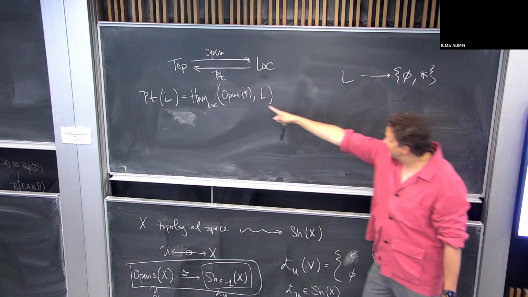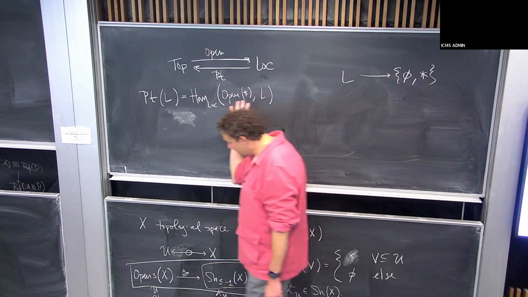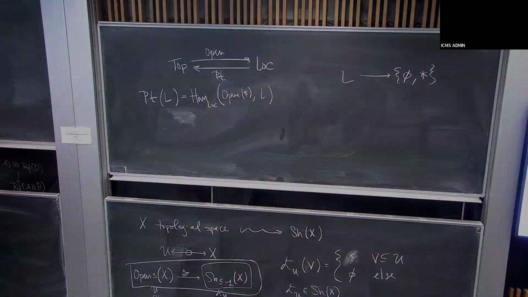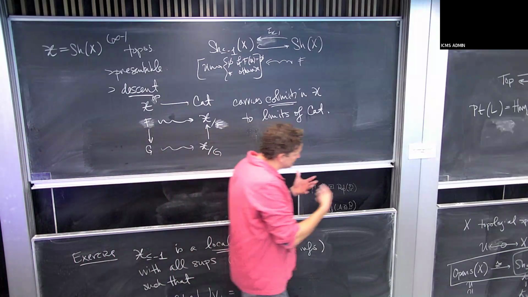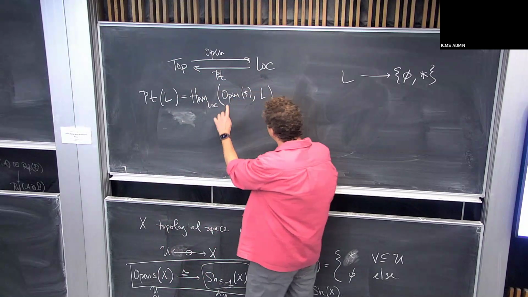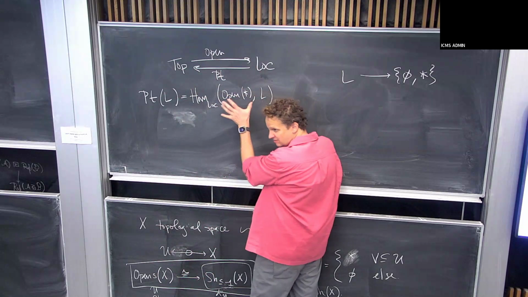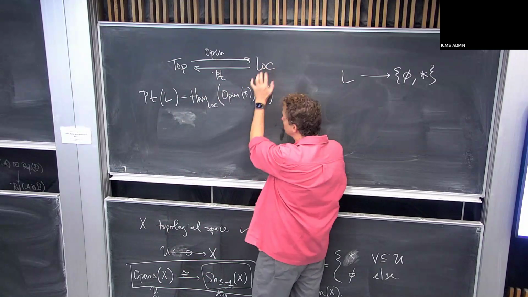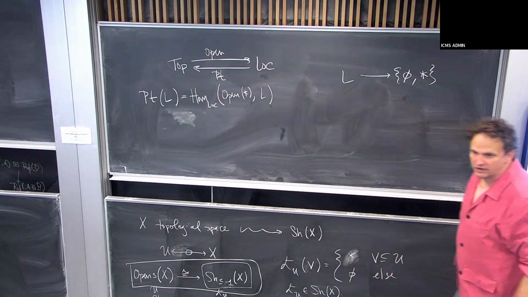That's what this set is. You all happy? But you see, the idea is that if I have a locale and I want to see what a point of that locale should be, which is what this kind of operation is trying to produce for me, then I want to be able to look at the space of maps from the thing that is the point in the world of locales, so opens of a point, to your locale. So that's what we're going to do here.